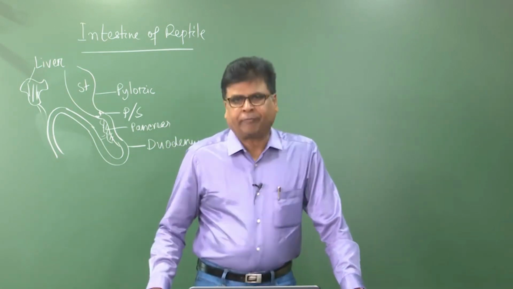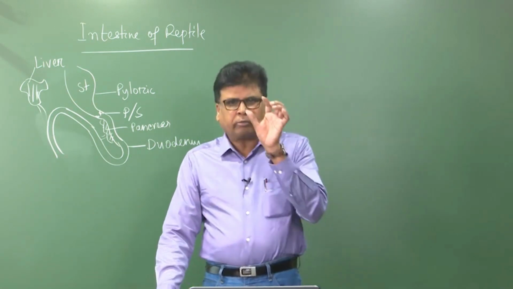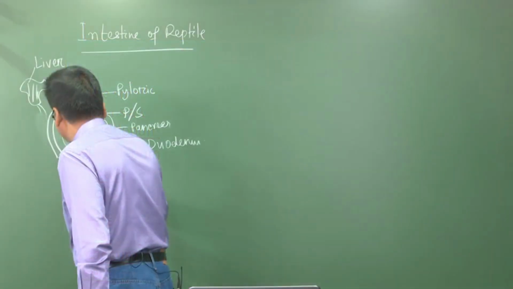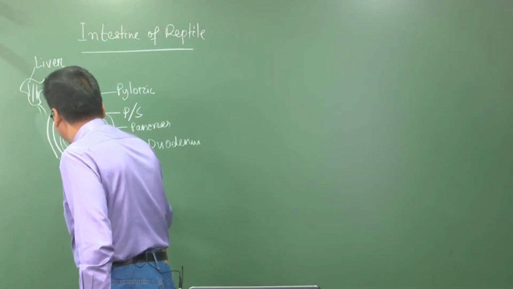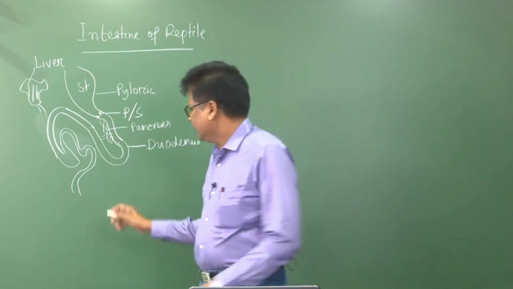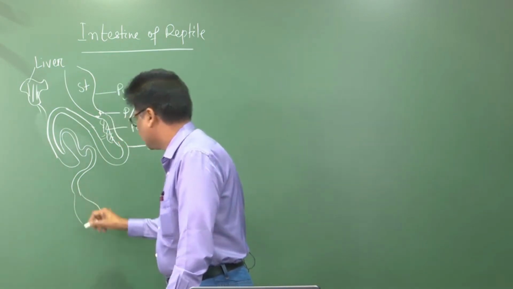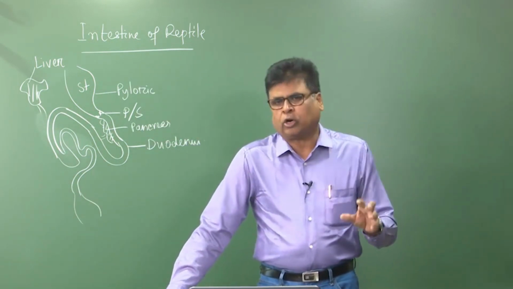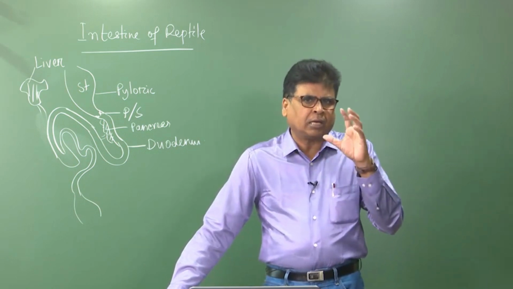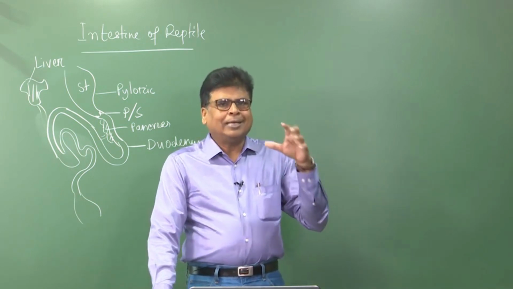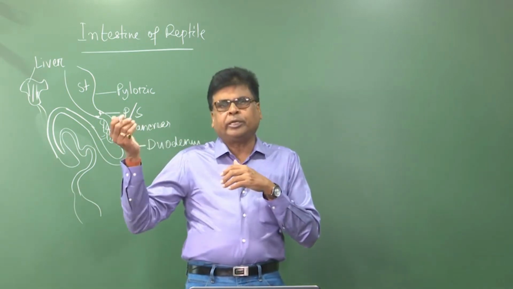In case of reptile, the ileum is a short length tube which, after making a few coils, leads to the large intestine. We know this is the large intestine because the diameter of this canal is larger in comparison to the duodenum.